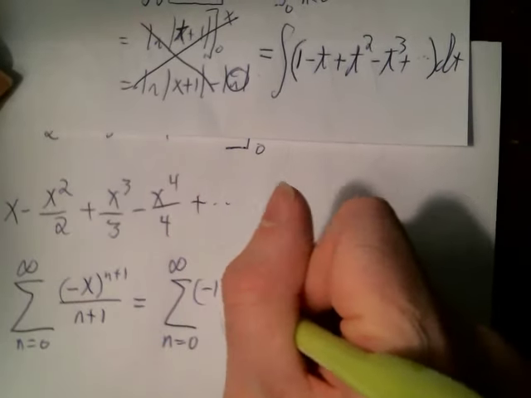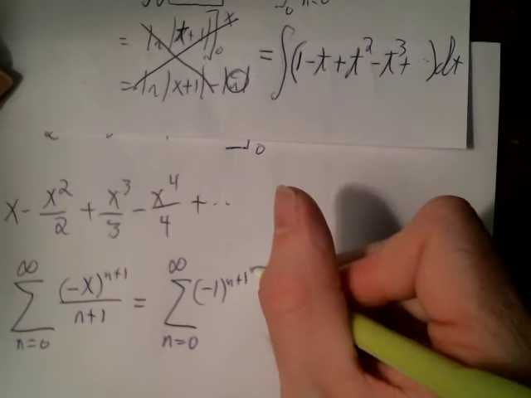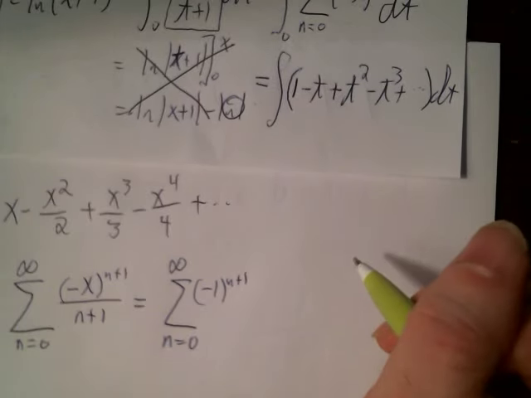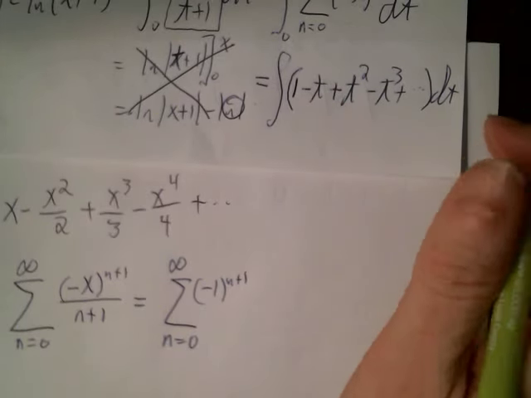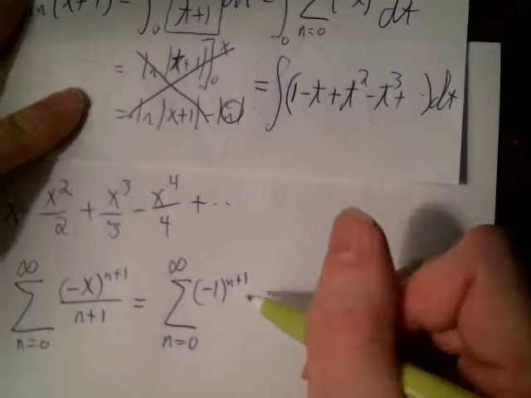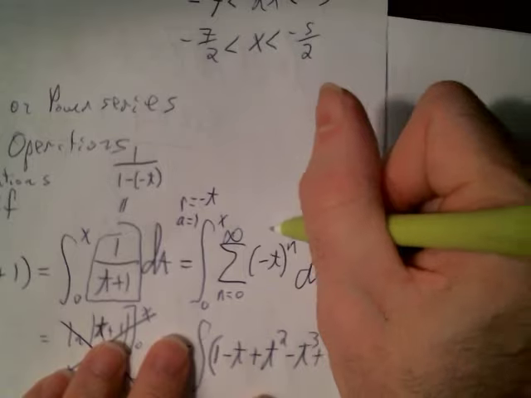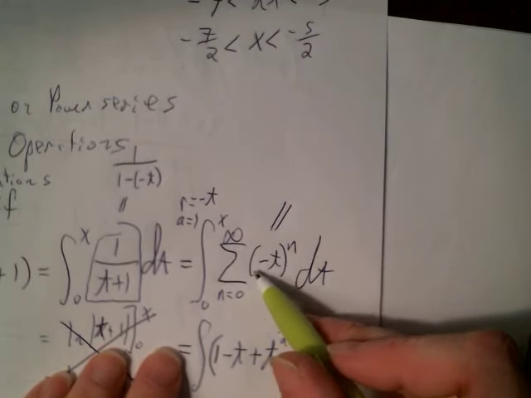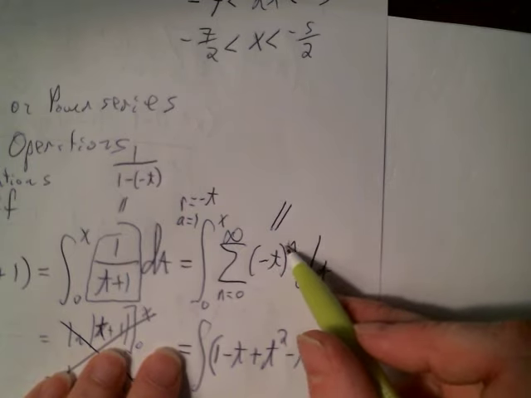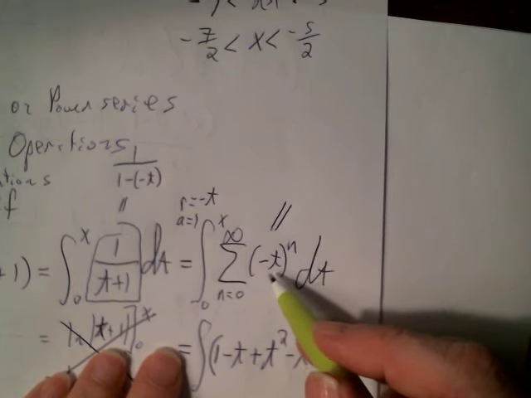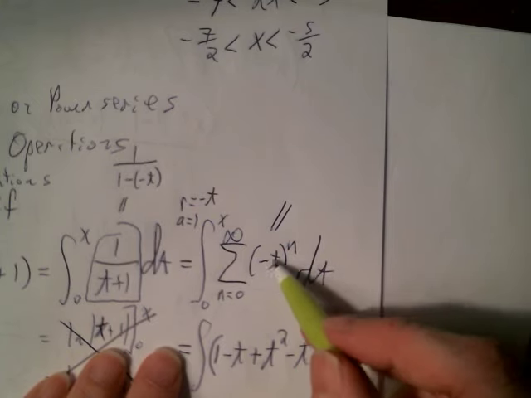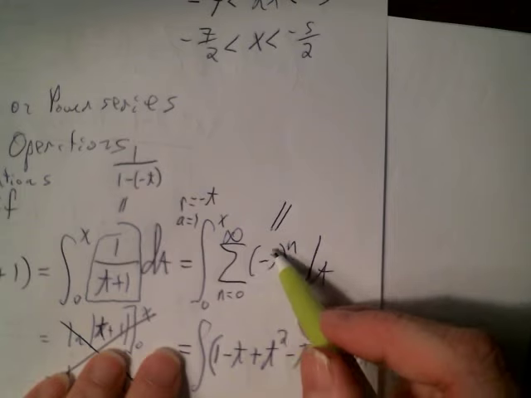And in particular, we need to separate out that negative part. So this would be negative 1 to the n plus 1. But that's not going to work for us. There's an issue there. When we integrate the expression, you would have had a chain rule on it. When I integrated it, it would be negative t to the n plus 1 over n plus 1, but then there would have been a u sub involved, so a negative floating about.